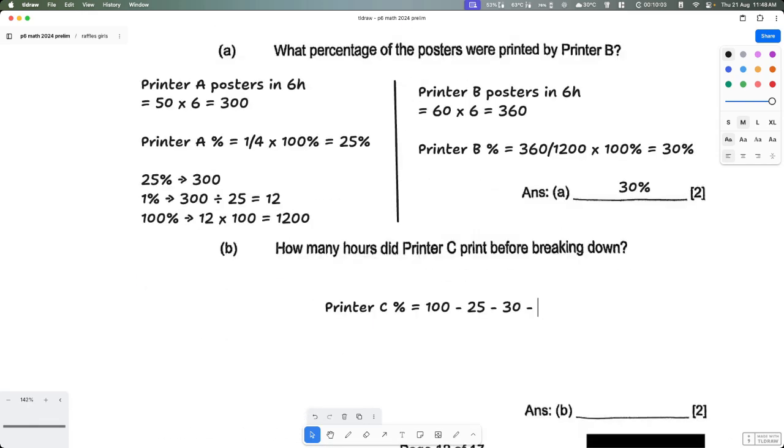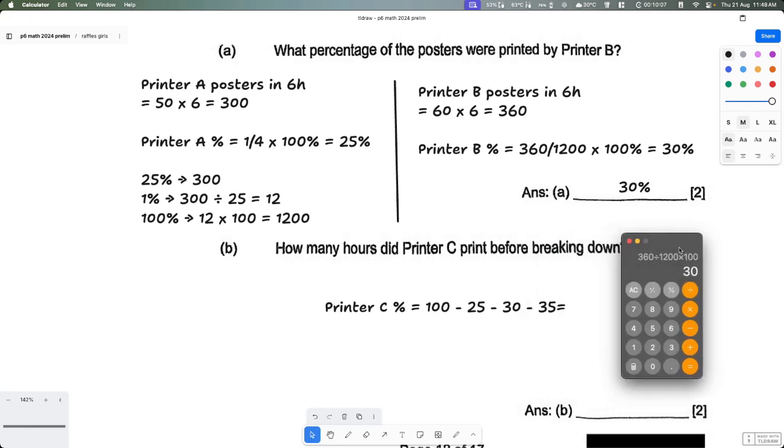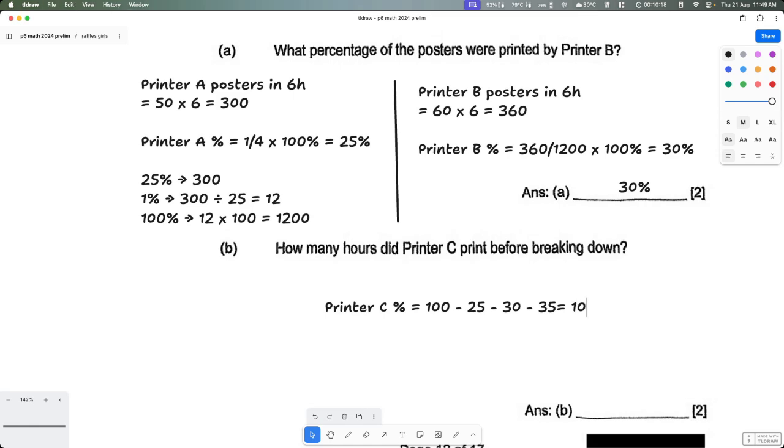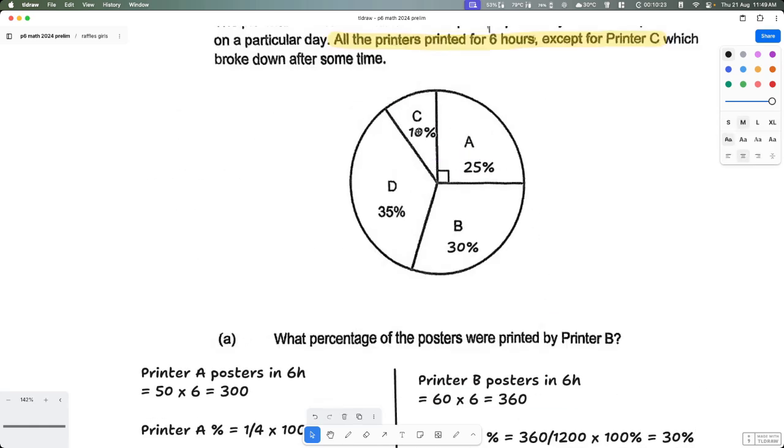Let's use a calculator: 100 minus 25 minus 30 minus 35 is equal to 10%. So 10% for printer C.